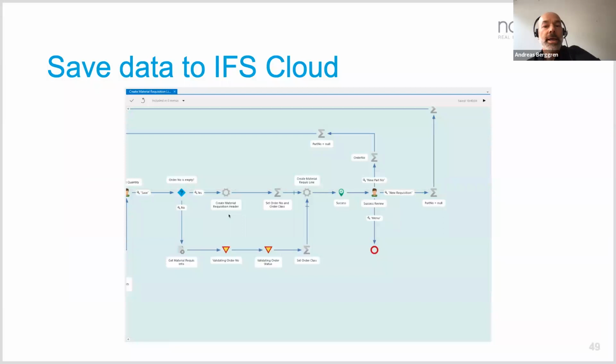And next we have a way of saving data as well. So in this machine step, we will create a material requisition header.